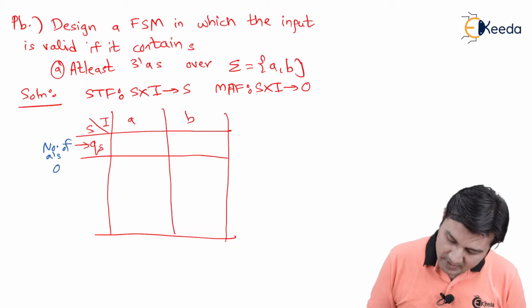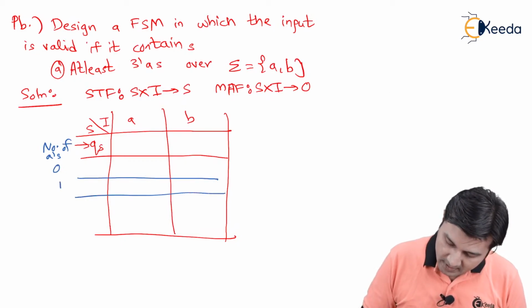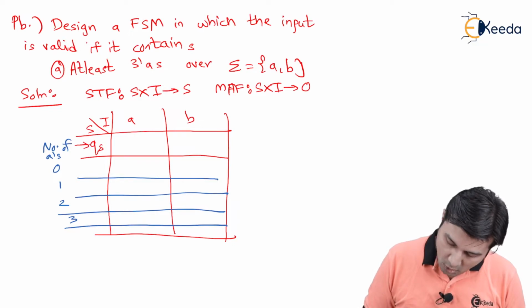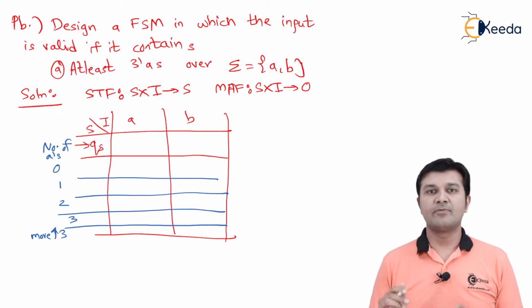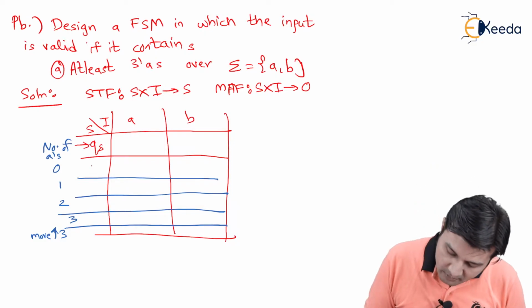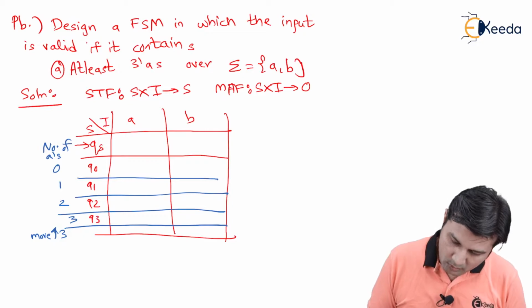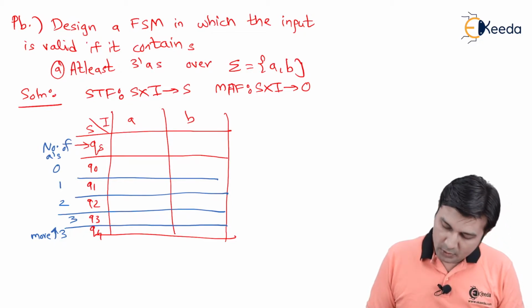Number of A's can be 0. Going ahead, number of A's can be 1. Number of A's can be 2. Number of A's can be 3. Or number of A's can be more than 3. Fine. So let us give the state names now. After QS, I have Q0, Q1, Q2, Q3, and finally my Q4.